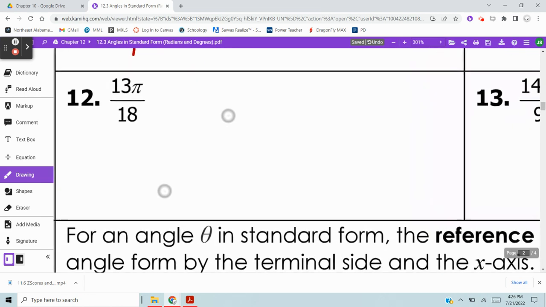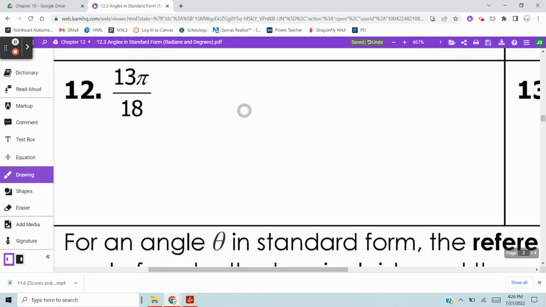Number 12, when you're dealing with radian measures, instead of adding and subtracting 360, we're going to add and subtract 2 pi, which is the equivalent of 360 when you're talking about radian measures. Now, before you can add or subtract, we will have to find a common denominator here. The way we're going to do that is multiply top and bottom by 18 to make the bottoms the same.